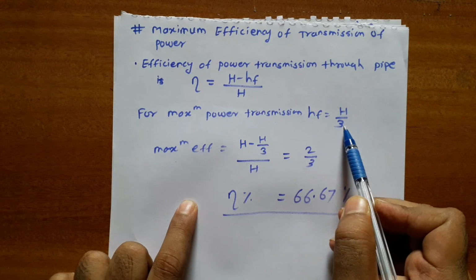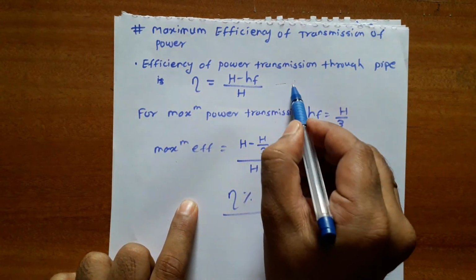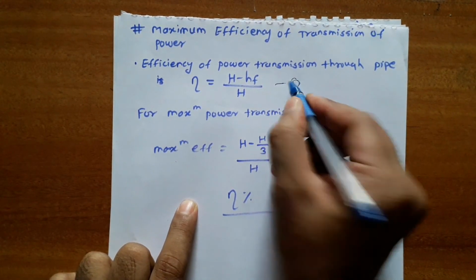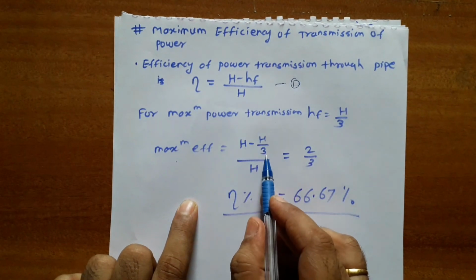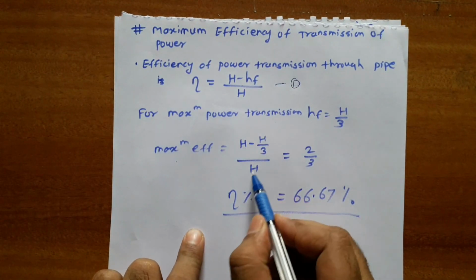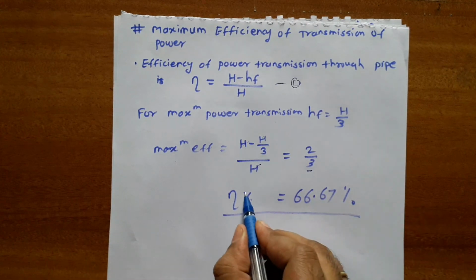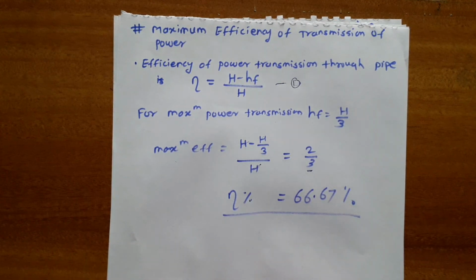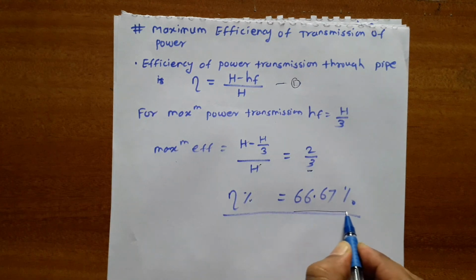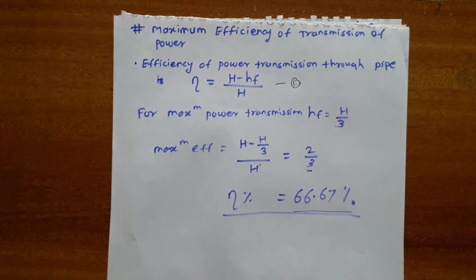So put the H by 3 value in this equation: H minus H by 3 divided by H. H cancels out, and we get 2 by 3. So the efficiency for power transmission through the pipeline is 66.67%. Thank you.